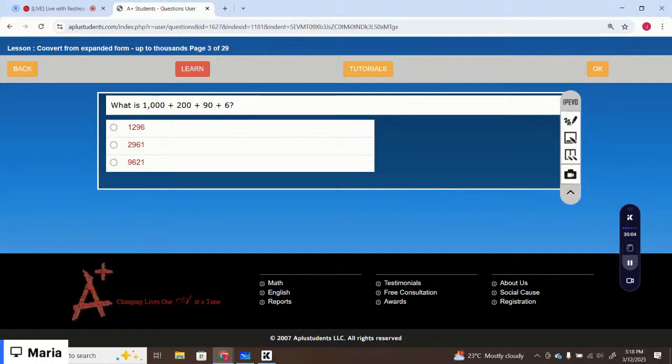What is 1,000 plus 200 plus 90 plus 6? That is 1,296. Option number 1 is the correct option.